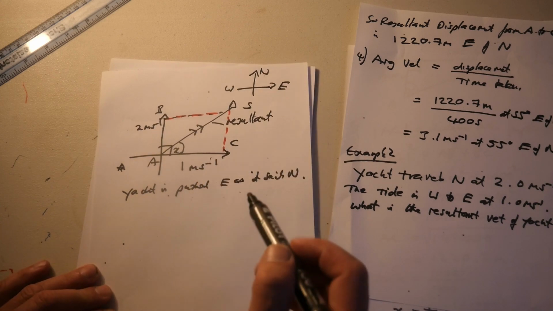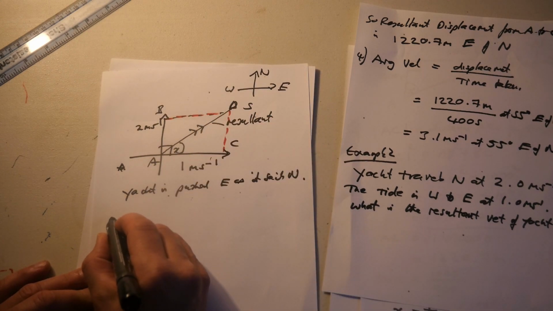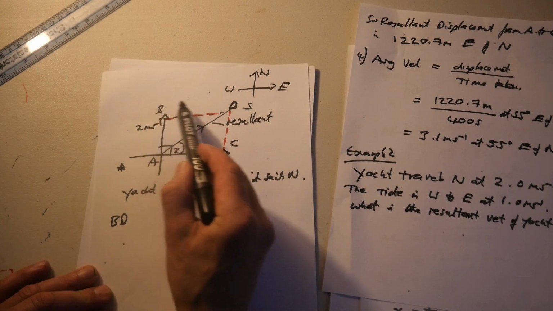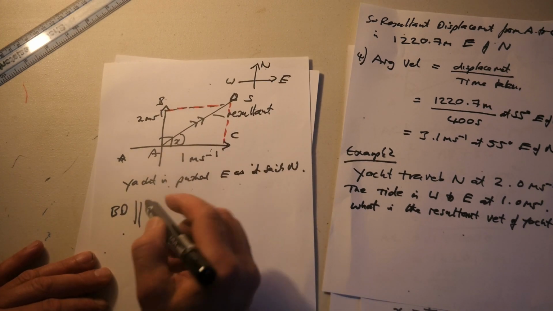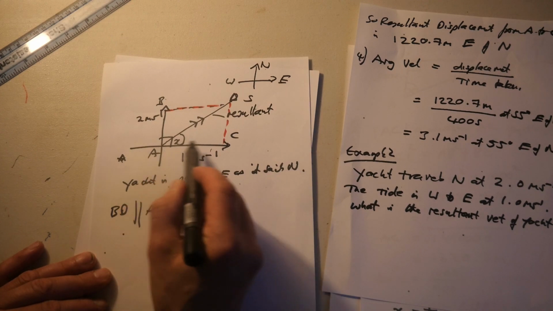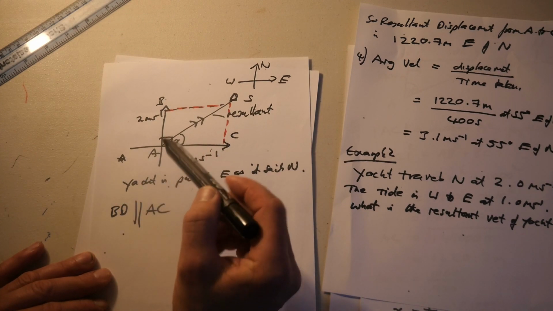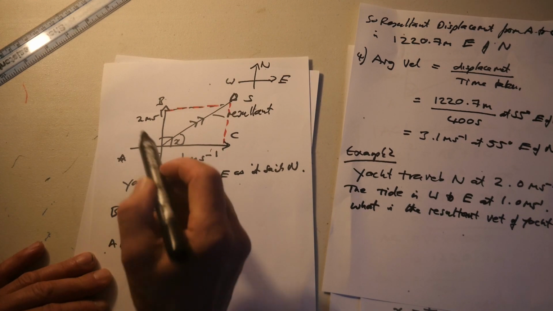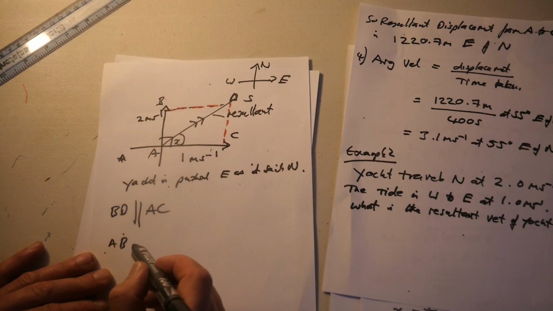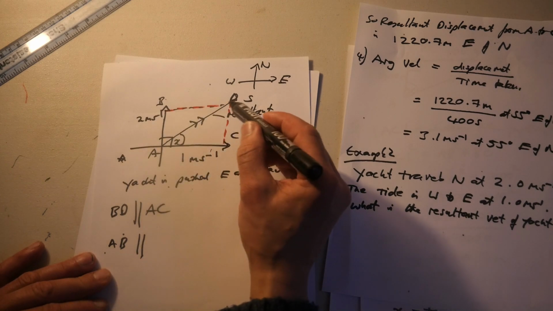So B to D, that length, is parallel to AC, and AB, that length north, is parallel to DC.